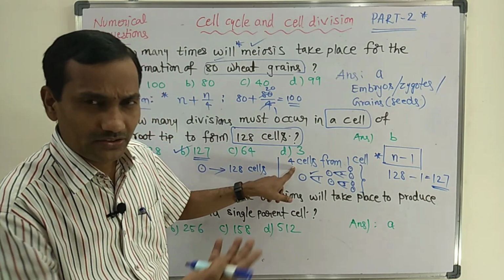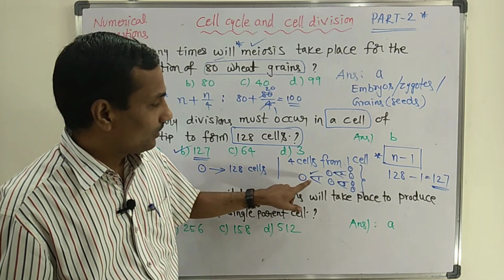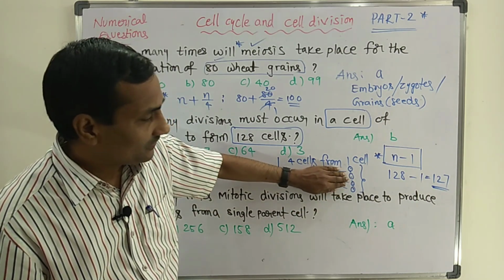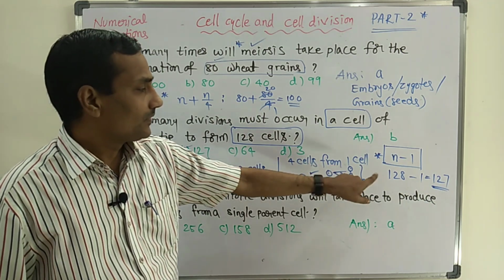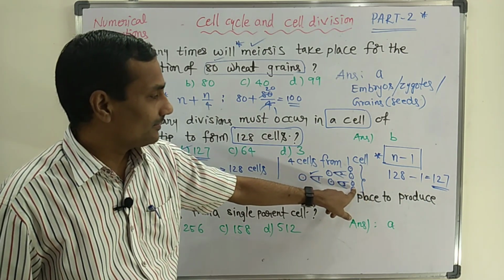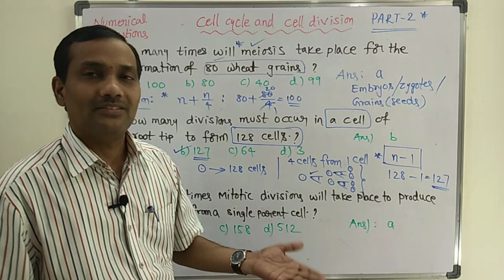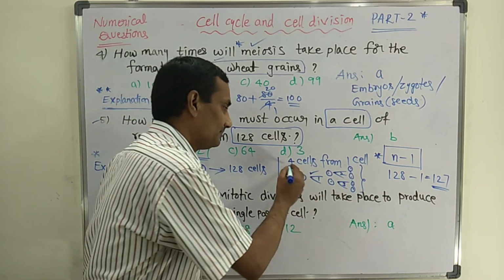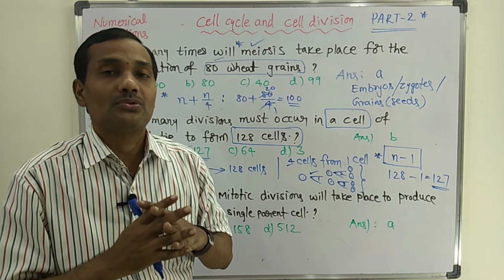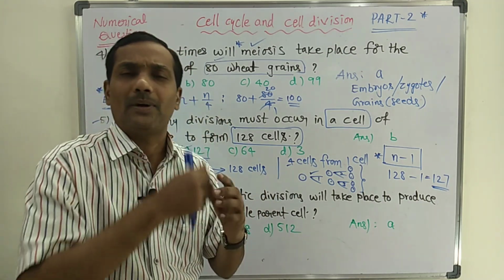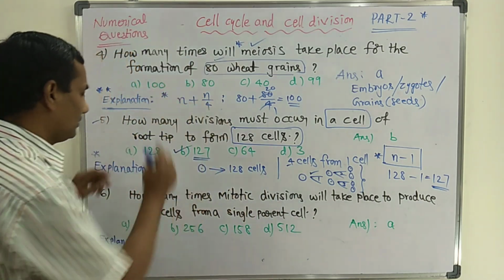I took one example, 4 cells from one cell: 1, 2, 3. If 3 divisions occur, then only 4 cells will form, no? That's why 4 minus 1, so 3 mitotic divisions. You have to use this formula to get the perfect answer for this question.